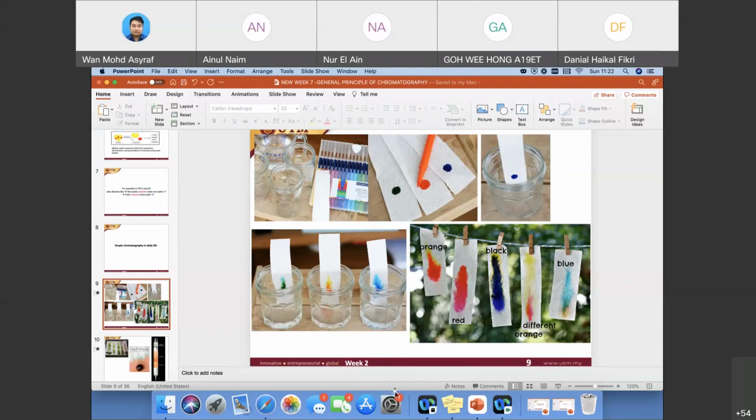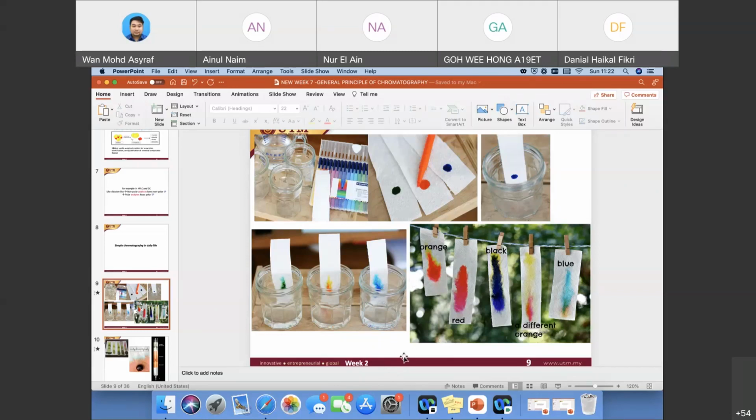The water is your mobile phase, while your stationary phase is the tissue paper. So the mobile phase, as I've mentioned before, it moves. The stationary phase, it stays there. So in this case, the stationary phase is your tissue paper, which just stays there.